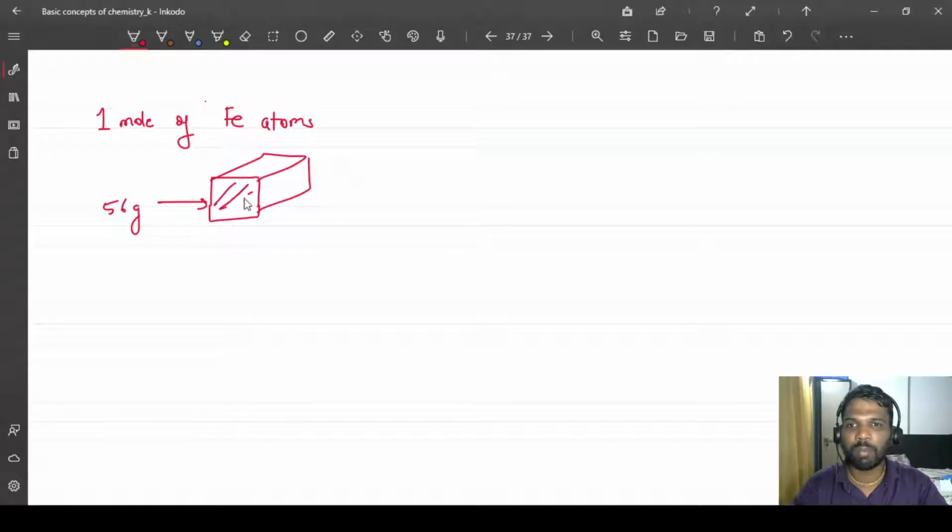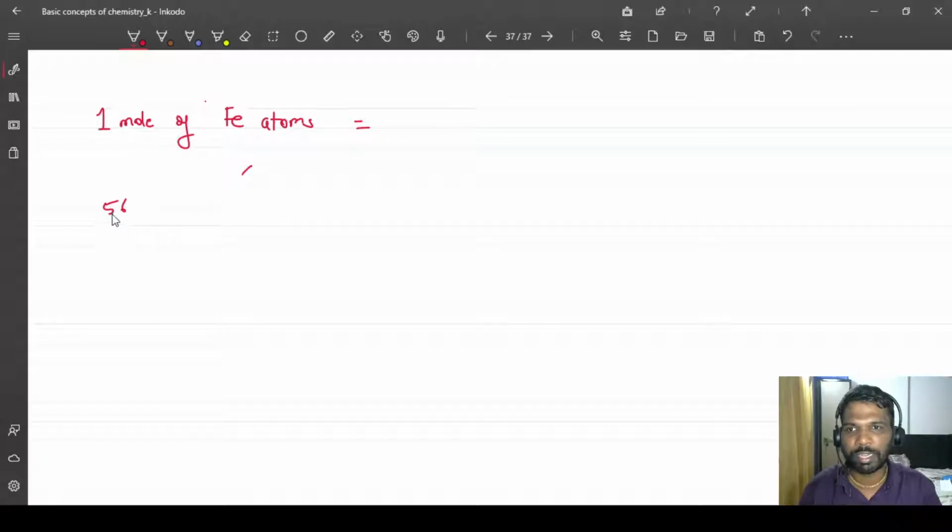In this iron block, the total number of atoms present, I can say that it is equal to, okay, maybe this may be confusing. I'll explain this later when I'll be introducing the atomic masses and the molar mass.